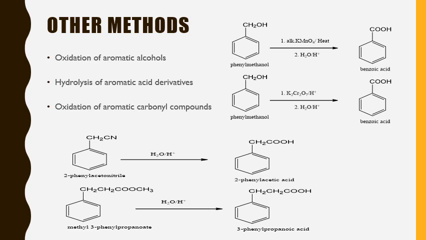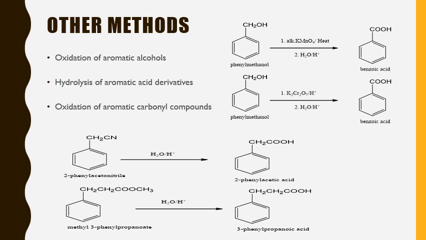As we have seen, aromatic acid derivatives upon hydrolysis will give you aromatic carboxylic acids. What are aromatic alcohols? The alcohol group is attached to the benzene ring. For this purpose you can use alkaline KMnO4, K2Cr2O7 or HNO3 for oxidation. All these will give you the corresponding COOH group.